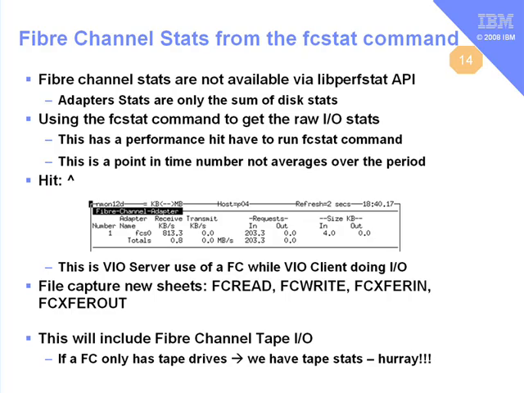They don't mix the traffic to these two different sorts of device. And so we can actually see what the tape drives are running. This is something that we've been looking for a long time in performance monitoring, actually finding out what our backup or recovery rates are from our fiber channel tape drives.